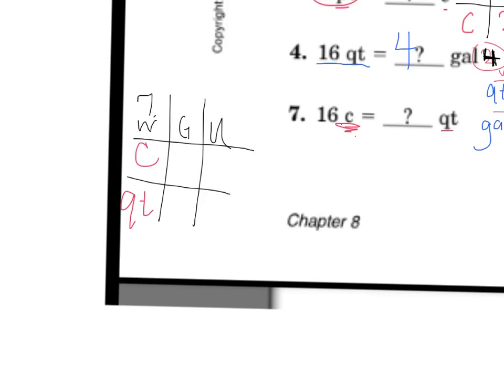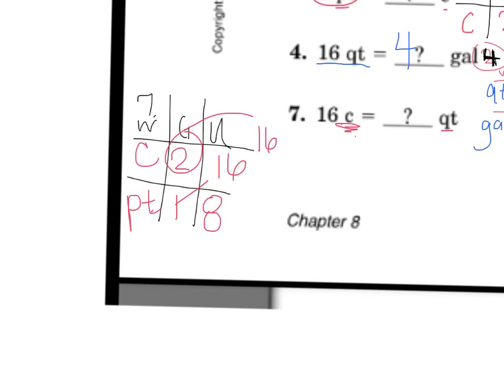So we have to figure out cups to pints first. In 1 pint, there are 2 cups. So for 16 cups, that's 1 times 16 is 16, divided by 2 is 8.